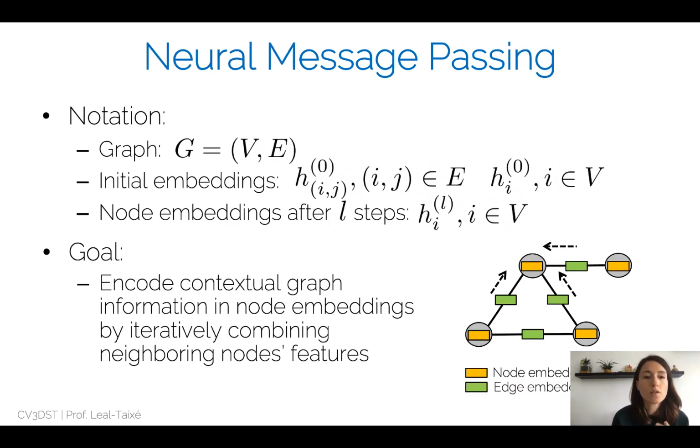So let's introduce some notation. As I've said, we will always start by working on a graph, and the graph G has a set of vertices V, which are the nodes, and the set of connections or edges, which are E. Now we're going to denote the embeddings of our nodes and of our edges with the letter H. So H is for the embeddings.